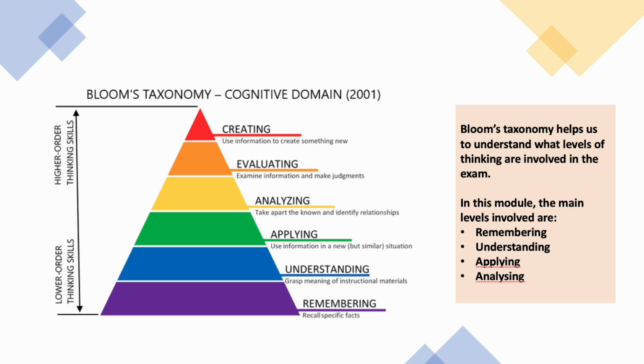You see at the bottom of the arrow, lower order thinking skills, which moves up the pyramid to higher order. So what we are testing on the exam is lower order, remembering, understanding, and then moving up to higher order, applying, analyzing.